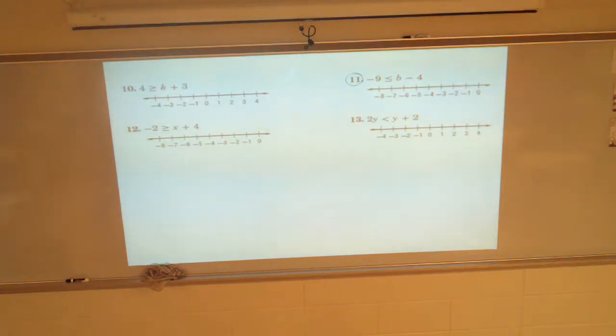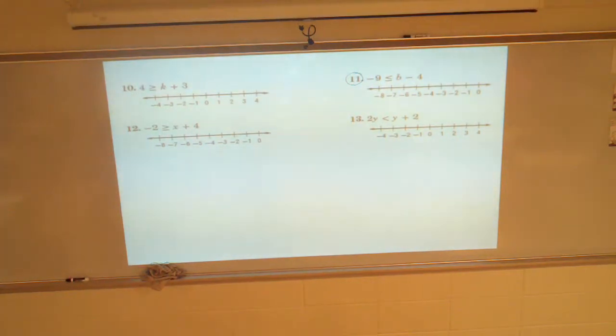Just make sure you're careful with your adding and subtracting. Next thing, there's some danger with this problem. Be careful with it.